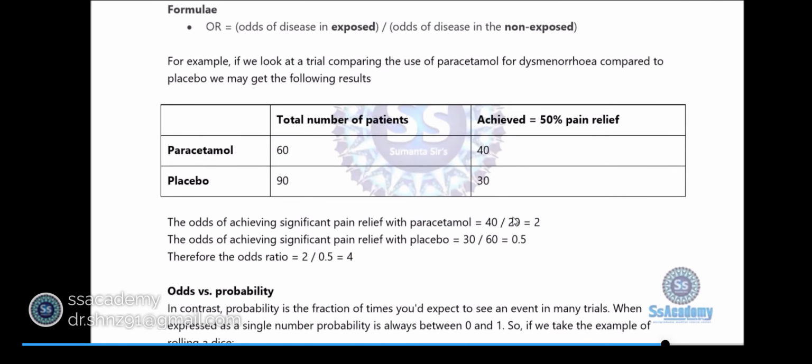Like here in this example. The total number of patients is 60, paracetamol is given. Those achieving 50% pain relief are 40, and with placebo 90 and 30.